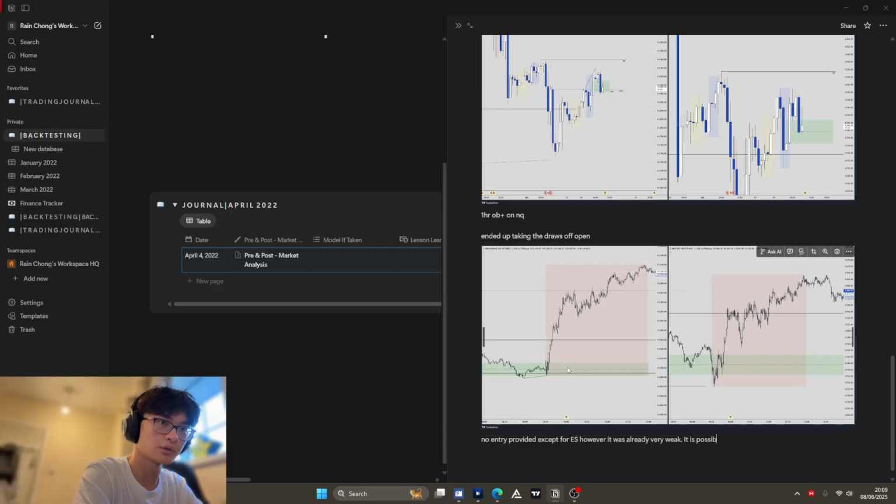It is possible that since there is the draw still valid on NQ, a draw still valid on NQ, I could have taken an ES trade despite it being weaker, but I think that is being more result focused since it worked out.